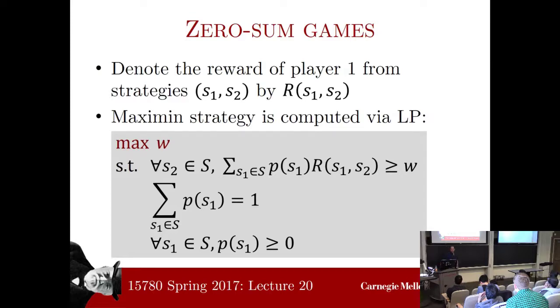And because we are trying to maximize W, we're pushing W as high as possible, but it will be constrained by the minimum of all of these, which gives us the max-min objective that we want. So this says maximize the minimum: choose the probability distribution maximizing the minimum payoff for any action of player 2, and this has to be a probability distribution, and the probabilities are at least 0.